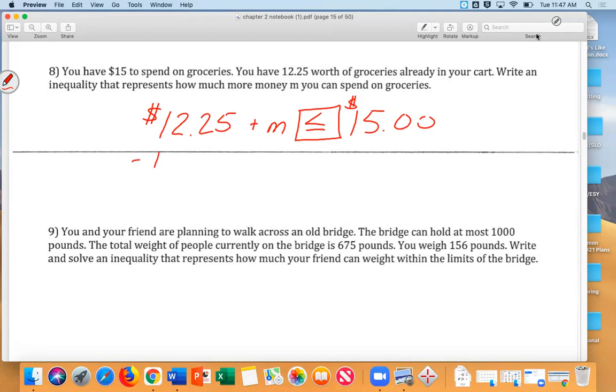So here I subtracted 12.25 from both sides. And what does that leave me with, Tyler?